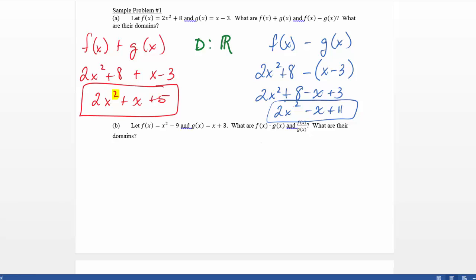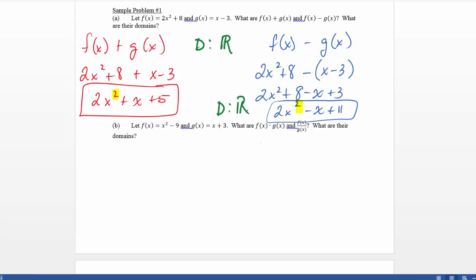Okay, and you can see there our new function. Again, we're dealing with a quadratic, so our domain for the second part here is all real numbers.